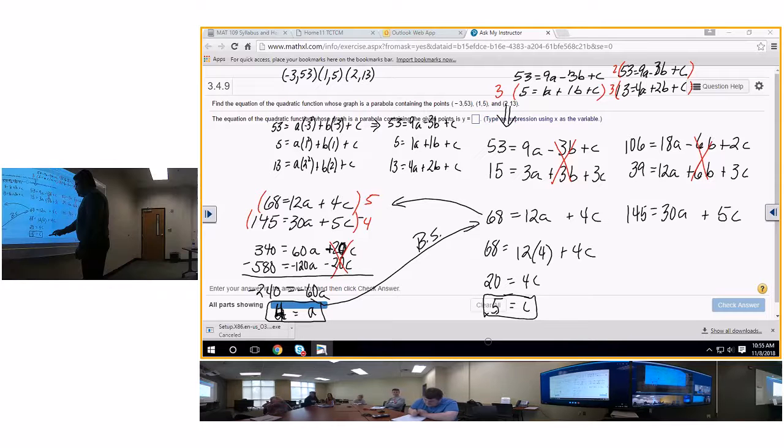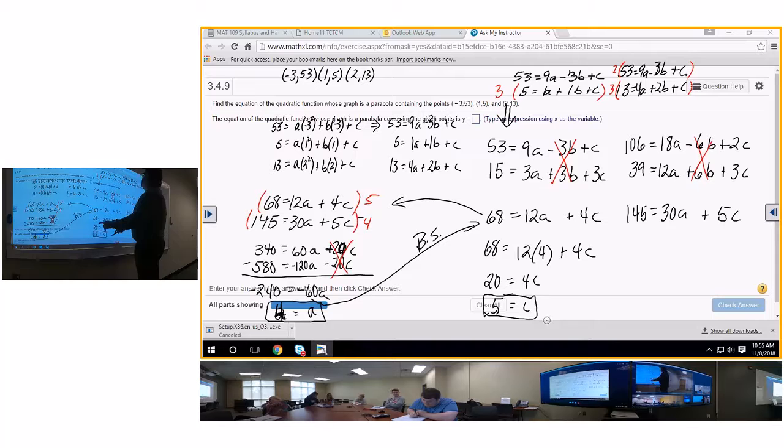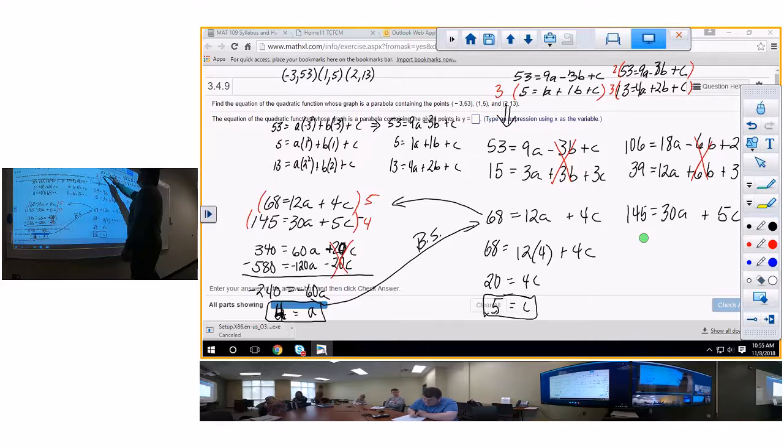And then back substitute that A and C into, I'm just going to pick the smallest one, and I'm going to take my highlighter.